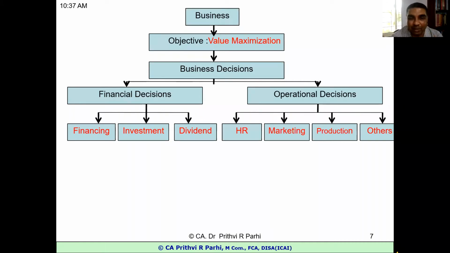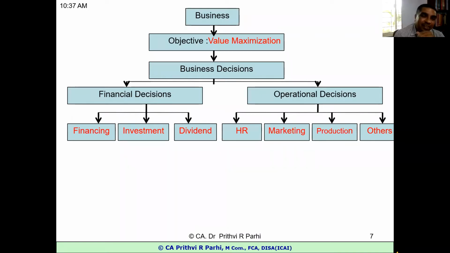Because money is the common thread which links all these decisions. All the decisions are linked with money, isn't it? In marketing decisions also, money is involved. Production decision also, money is involved. HR decision also, money is involved. Is it not? Yes or no? Yes, sir.